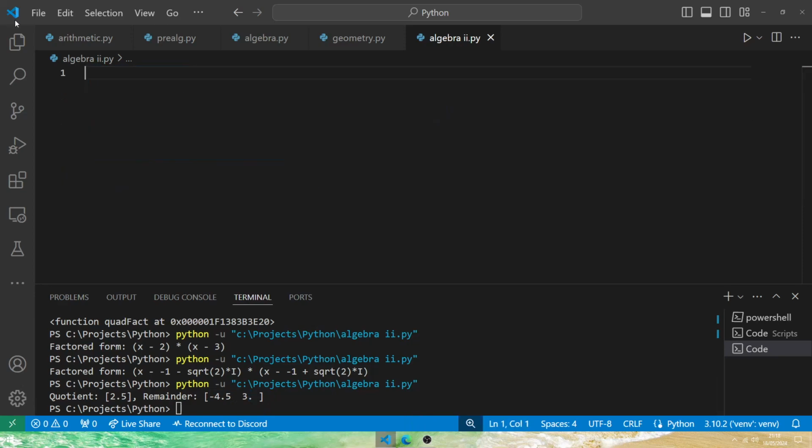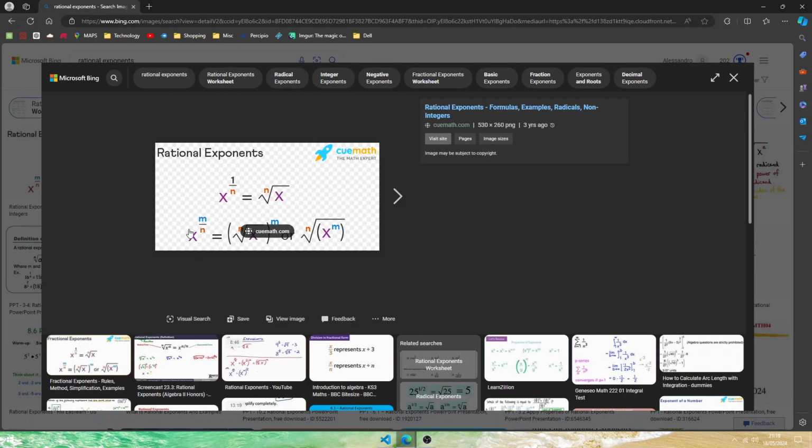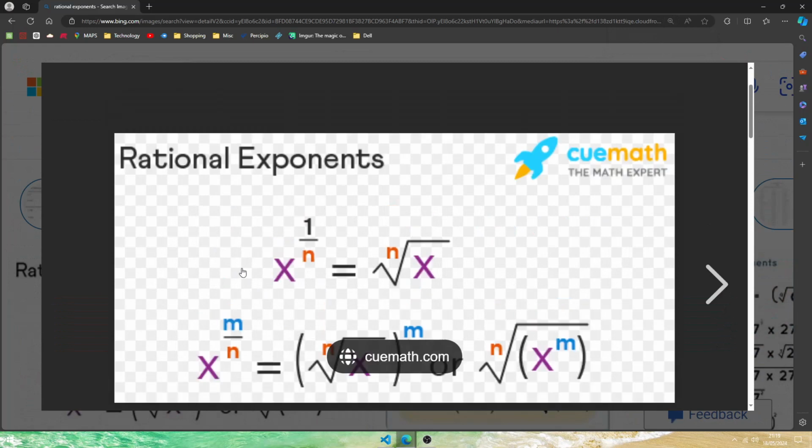So now let's get over to rational exponents. Rational exponents represent fractional powers. So for example, if we have x to the power of a half, let's say. With rational exponents, you see this x right here, and there's a 1 with an n underneath it.